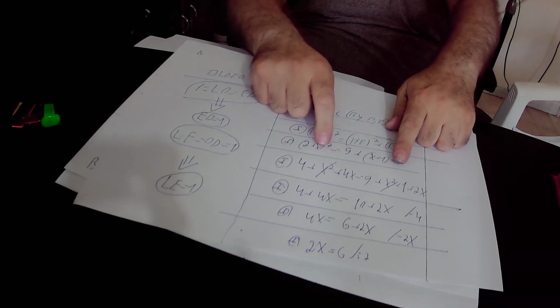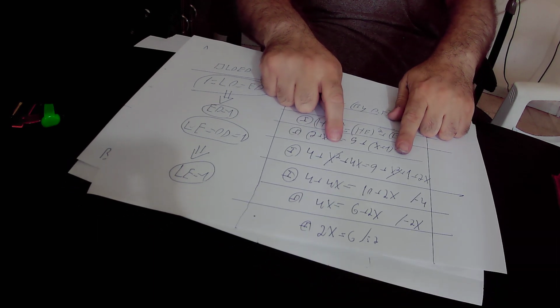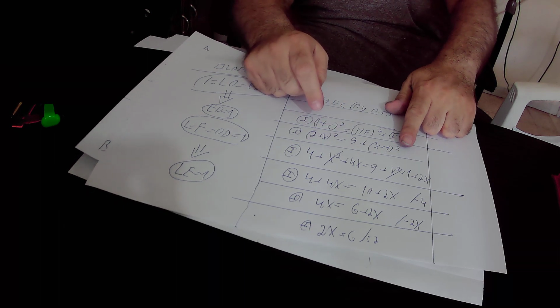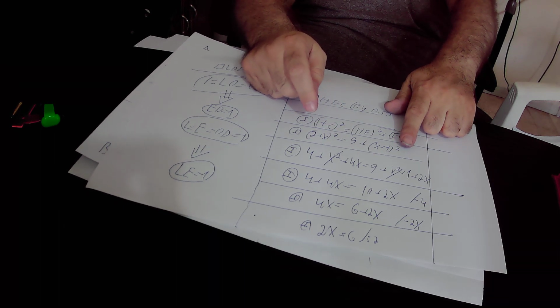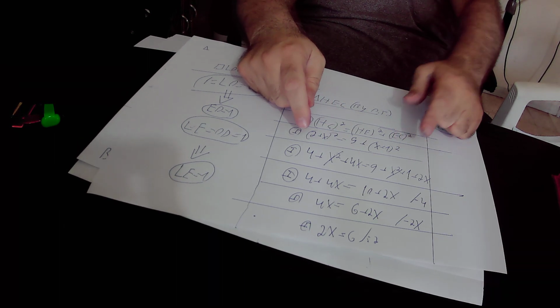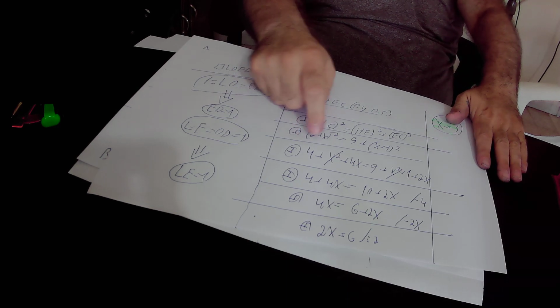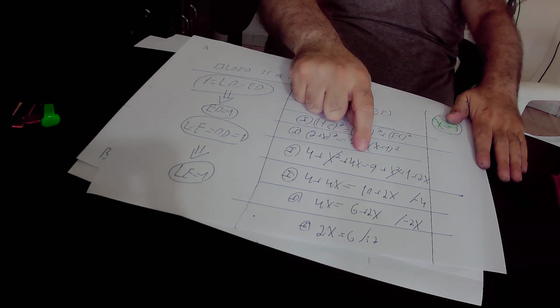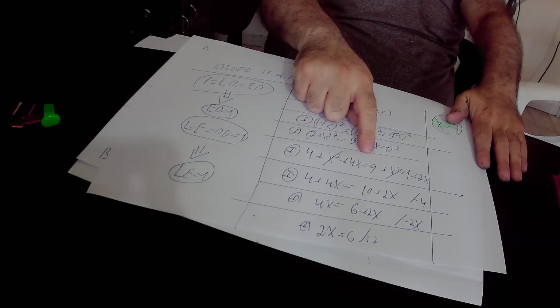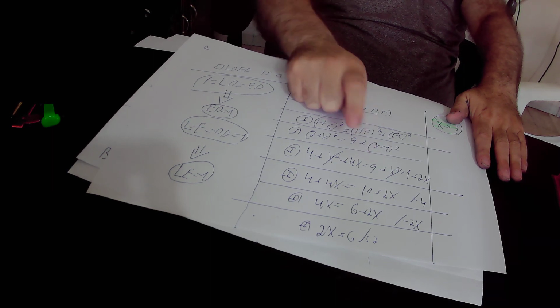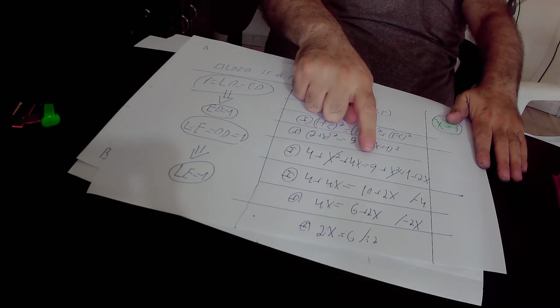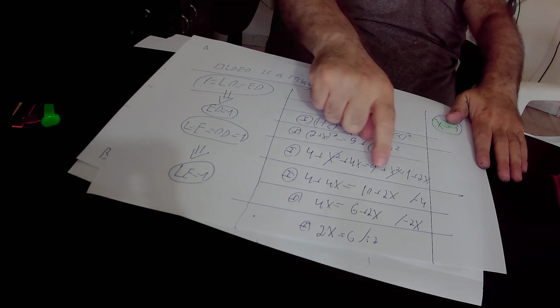Here we have X squared on both sides of the equation, so X squared will get cancelled. And what is left from equation number 1 after we cancel X squared? On this side of the equation we have 4 plus 4X. On the other side we have 9 plus 1, that is 10, so we have 10 plus 2X.